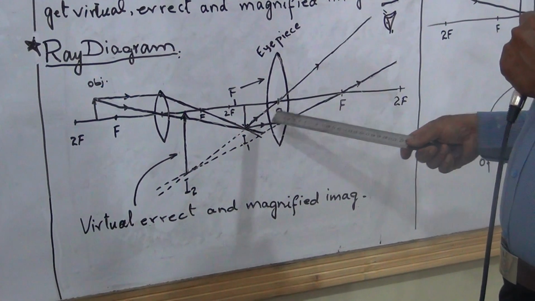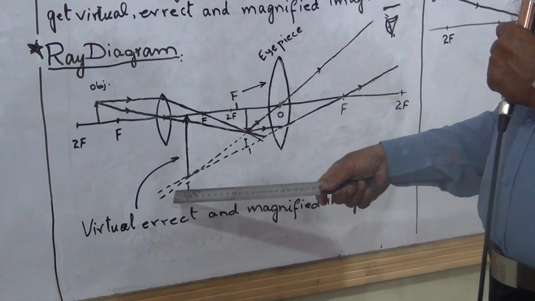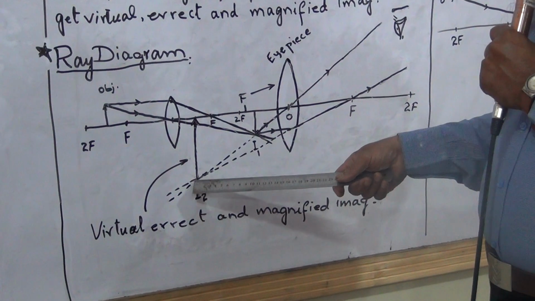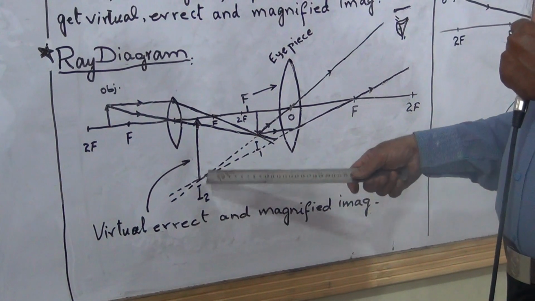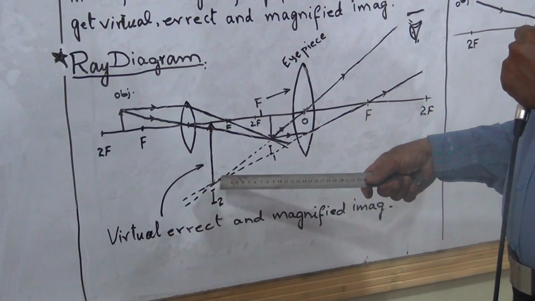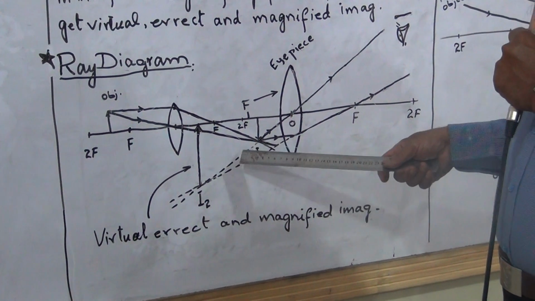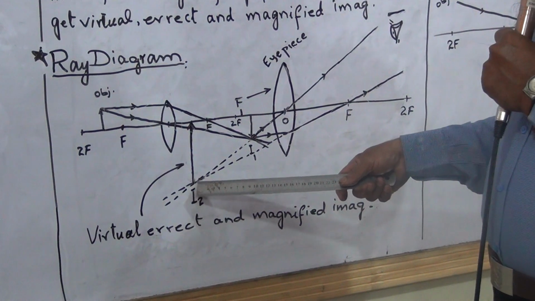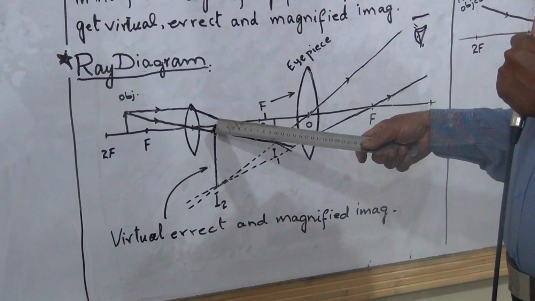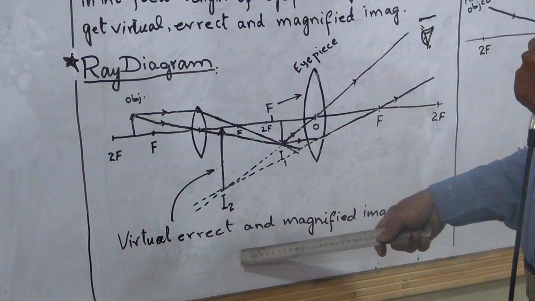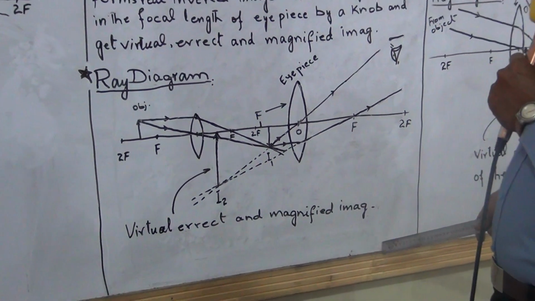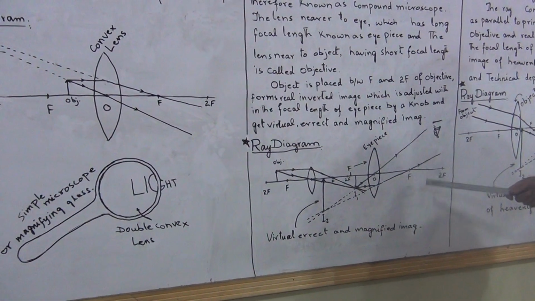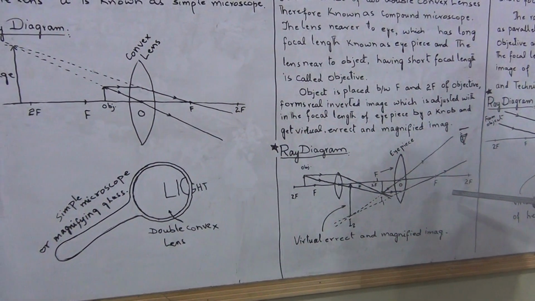We will draw this ray with a dotted line and this ray also with a dotted line. Both the dotted lines intersect each other. So the image formed is virtual, erect and magnified. So like this you have to draw and learn this diagram.